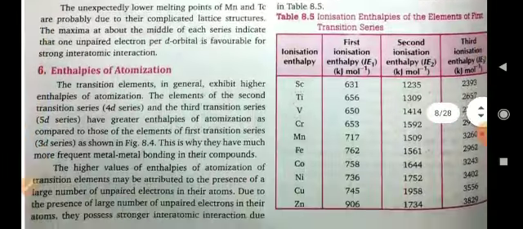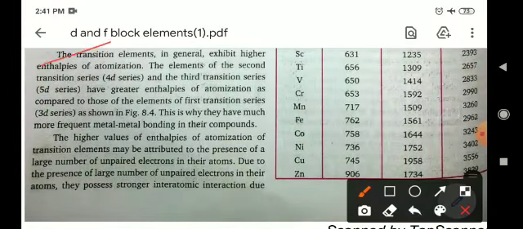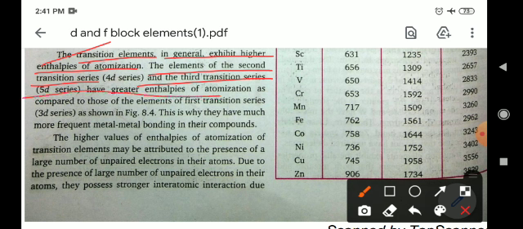Now, enthalpy of atomization. Transition elements in general exhibit higher enthalpy of atomization. The elements of the second transition series, meaning the 4d series, and the third transition series, meaning the 5d series, have greater enthalpies of atomization as compared to the elements of the first transition series.